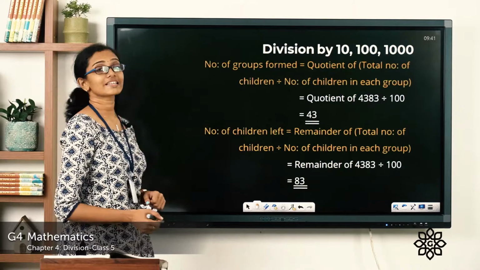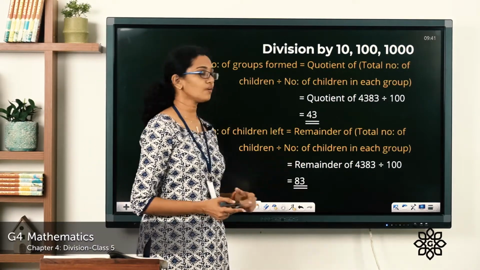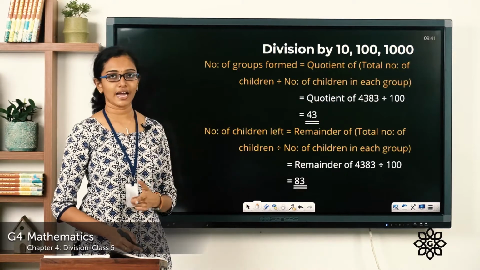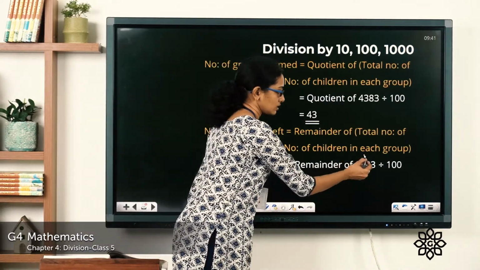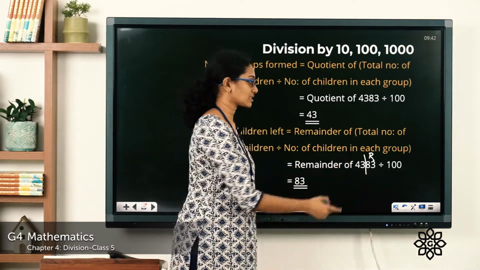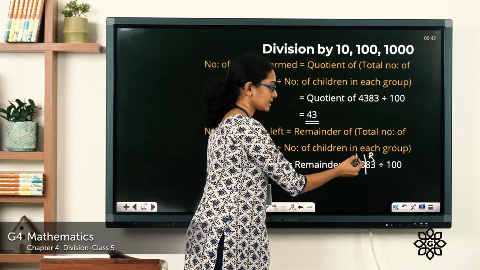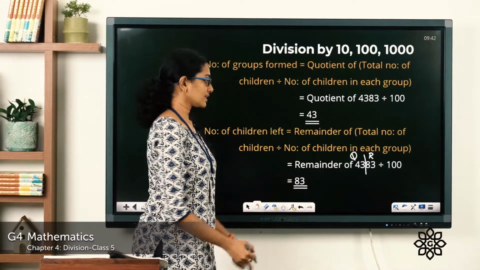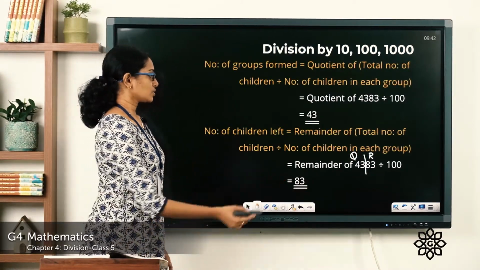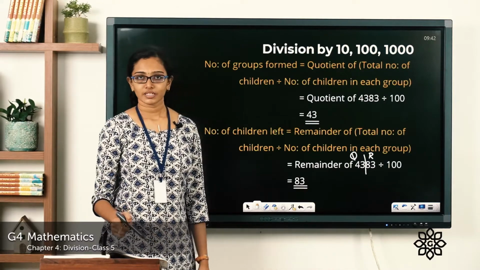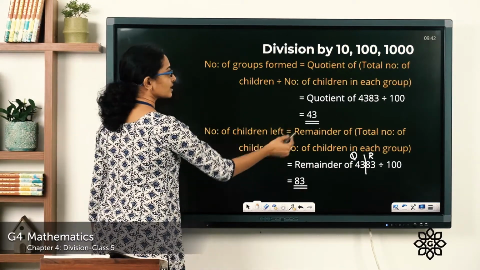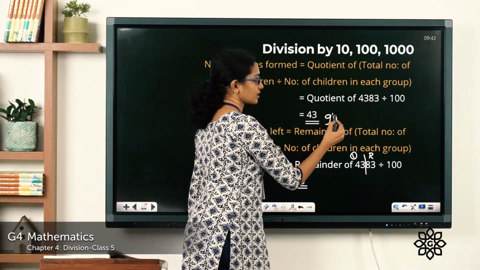So substituting the numbers, we get the remainder of the division 4,383 divided by 100. So the last two digits, the digits at the ones and the tens places, together will form the remainder, and this is the quotient. So taking the remainder, we have the answer here as 83. So 83 children were left after the grouping was done, and the number of groups formed was 43 groups.